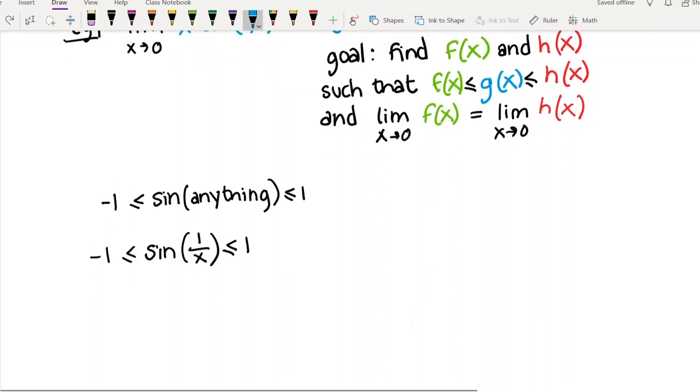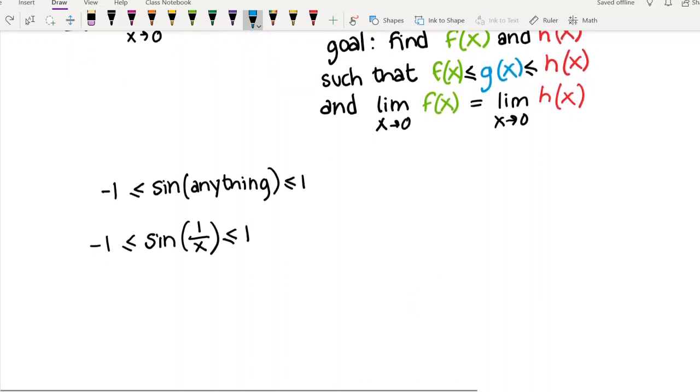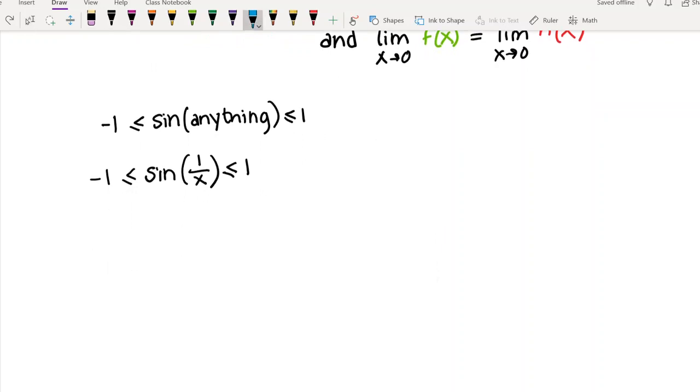There's a couple of ways to do this, but one way that you could think about it is when you have an equation or an inequality, you can multiply both sides by the same thing and it's still true, right? That's basic equation or inequality solving. So in this case, we can take this entire inequality and multiply everything by x squared.